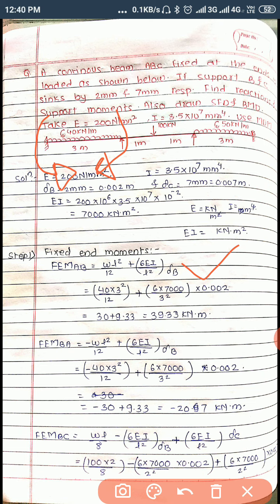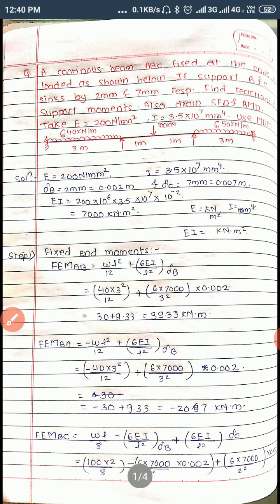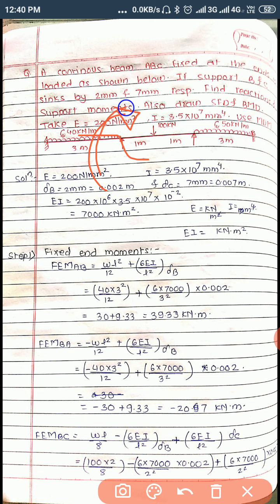Because of this settlement, the particular beam AB has a clockwise movement, and to avoid that clockwise movement, the beam has to create an anti-clockwise movement.